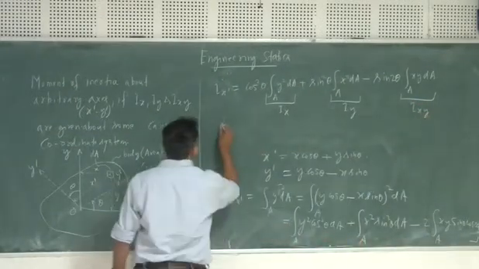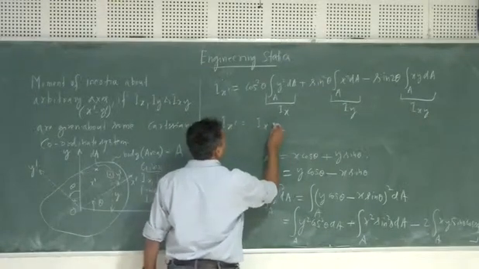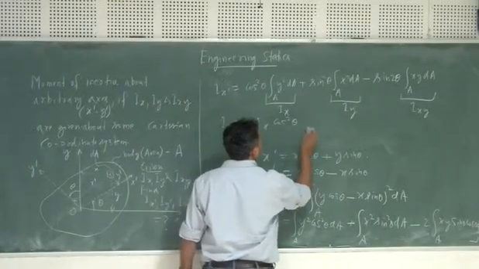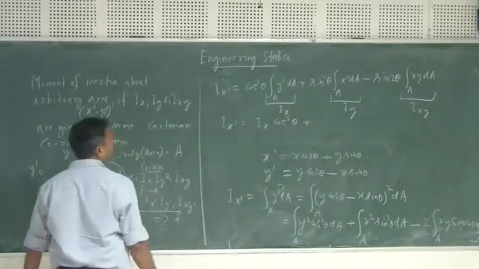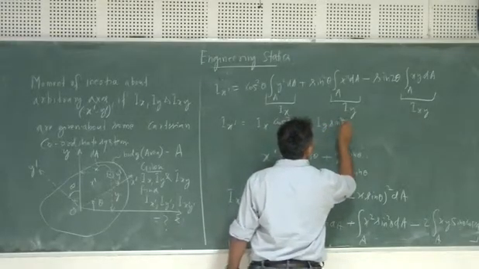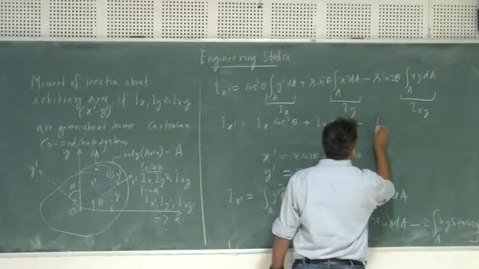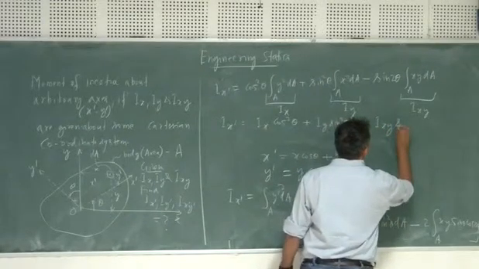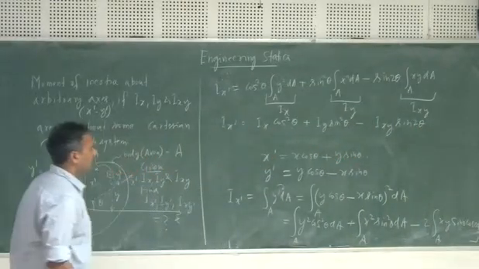So your Ix dash will become Ix cos square theta plus Iy sin square theta minus Ixy sin 2 theta. Right?